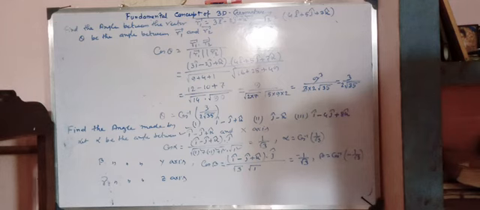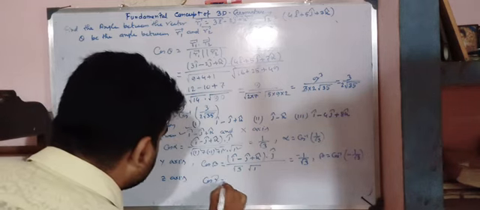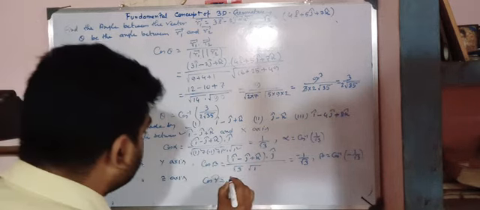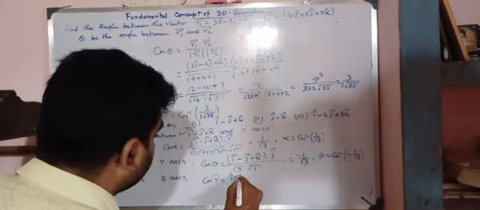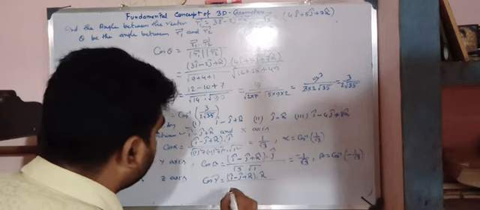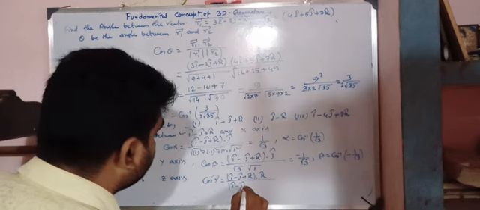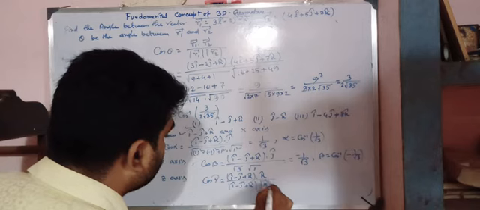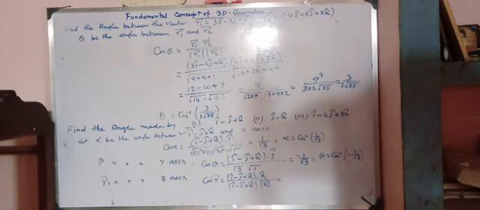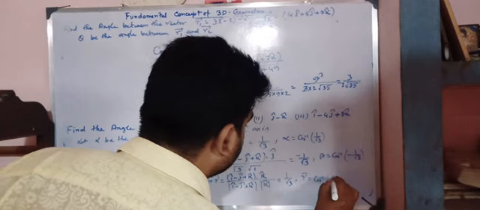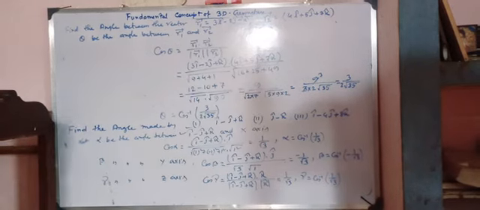Then cos gamma is equal to i minus j plus k dot k divided by mod of the vector into mod k. If we calculate that, we get 1 by root 3. So gamma is equal to cos inverse of 1 by root 3.